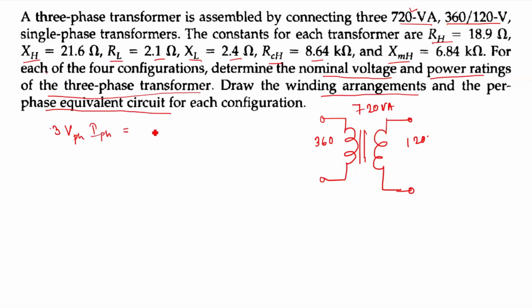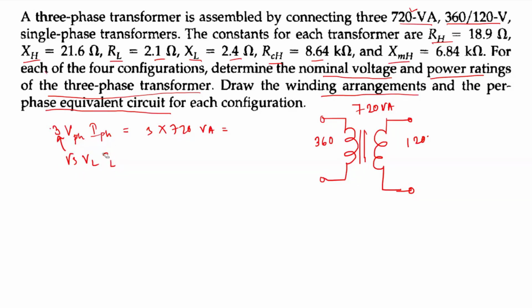So that will give me 3 into 720 VA. Or else, if we use the line voltages, you can write it as root 3 VL IL for delta star connection, whatever.